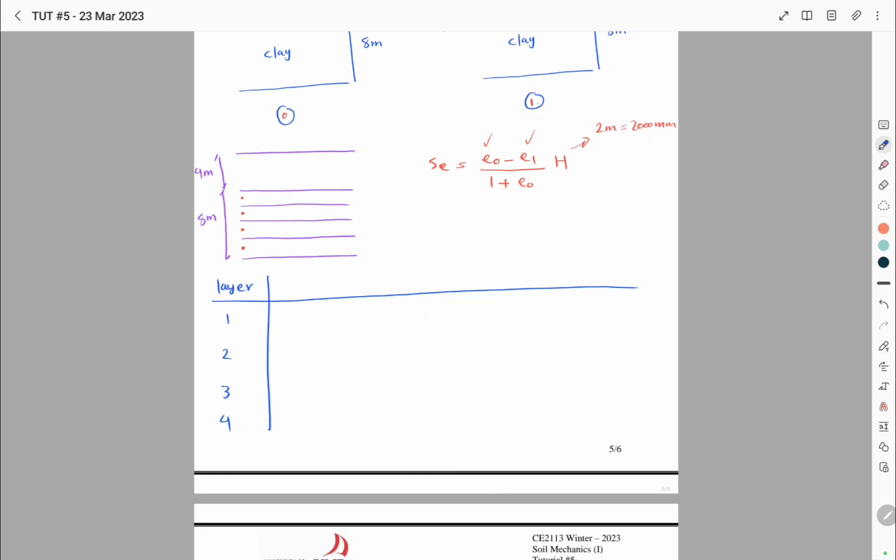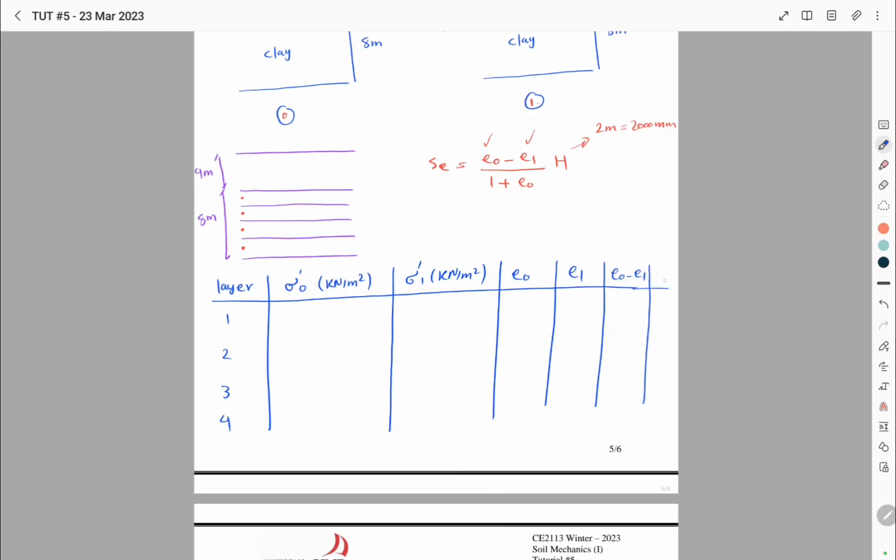They have sigma prime 0, we have sigma prime 1, we have e0, we have e1, we have e0 minus e1, and then we have SC.